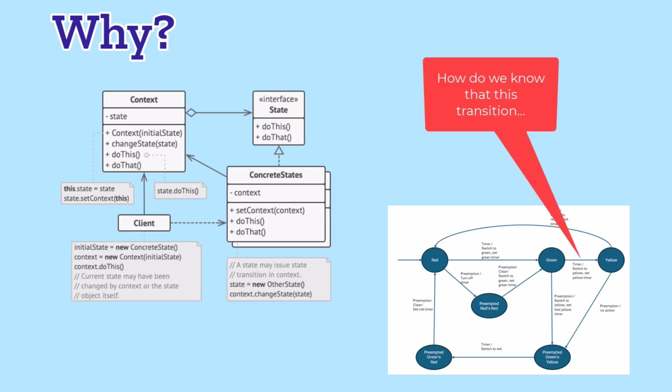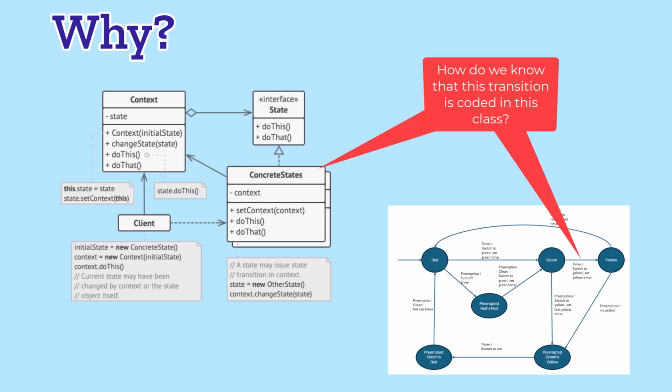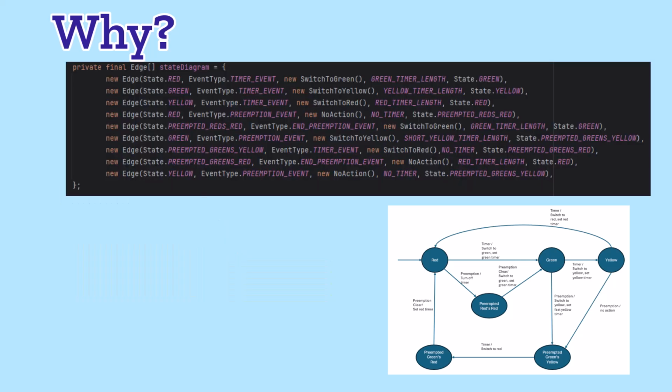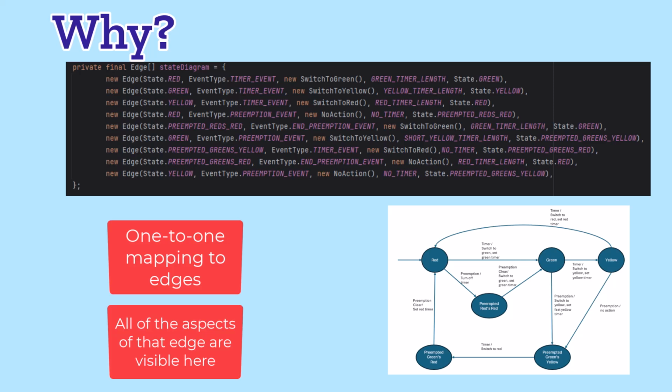The transitions out of each state are coded inside those state classes, so the motion of the machine is scattered across the state classes. When we code the machine in the table, it's really easy to compare the table to the diagram and make sure they match. And if we change the diagram, we just have to change the table to match. For me, that makes this implementation robust to design changes, and that's a big selling point.